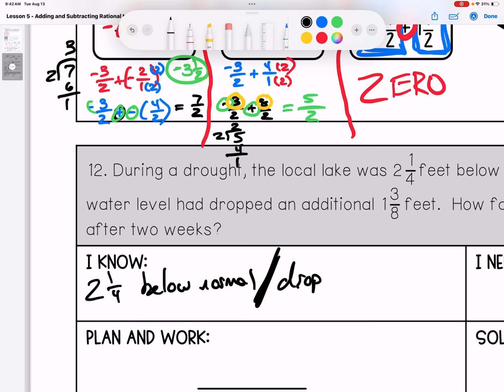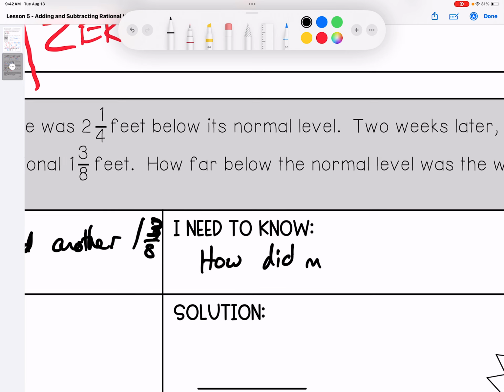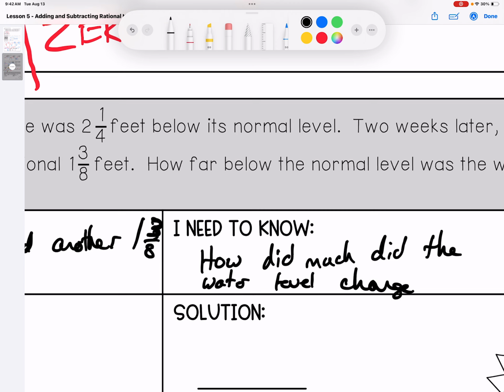I need to know how much the water level changed. It asked me, how far below the normal level was the water after 2 weeks? So how much did the water level change? That's what it's wanting to know.